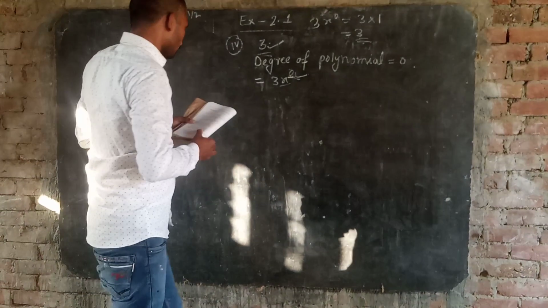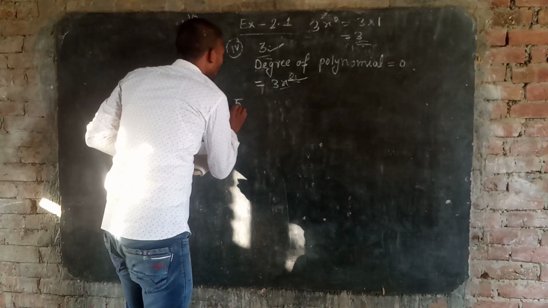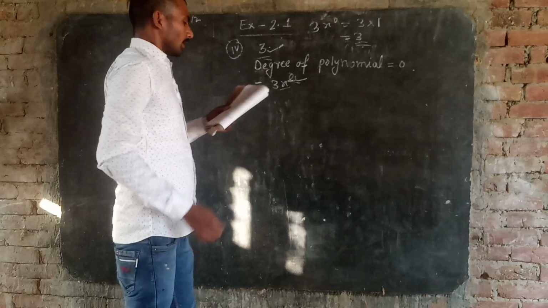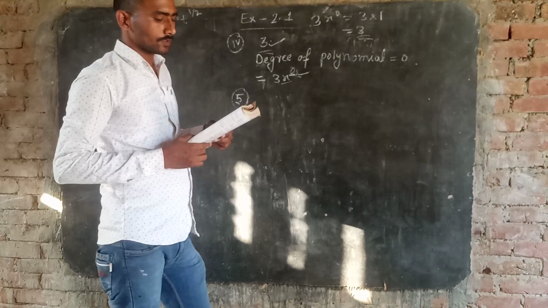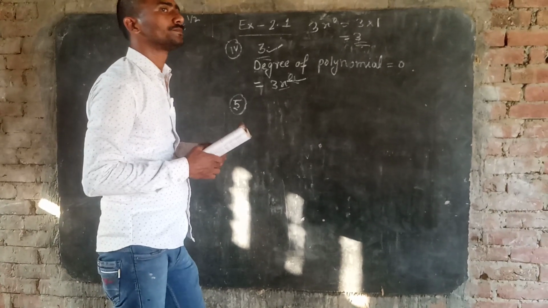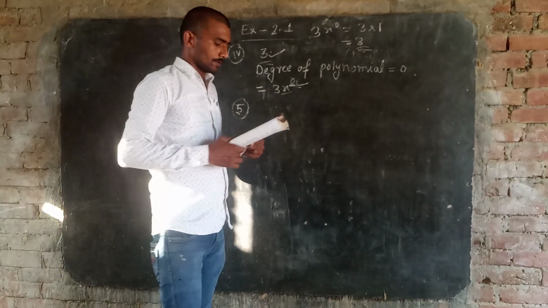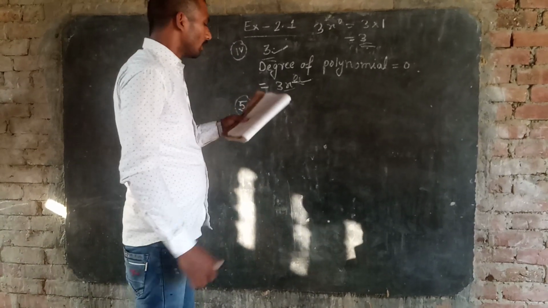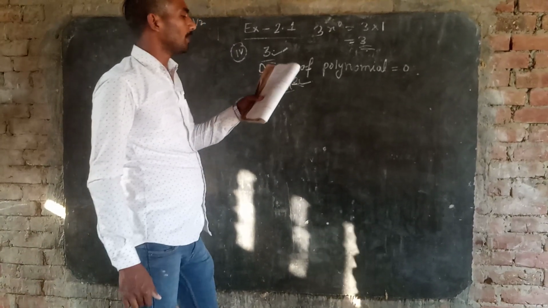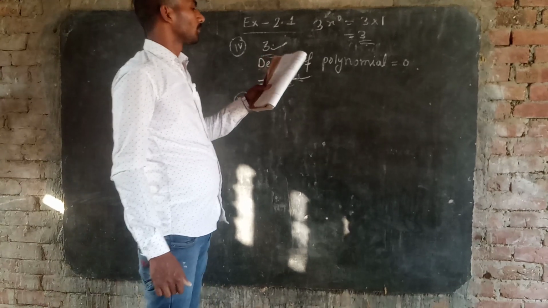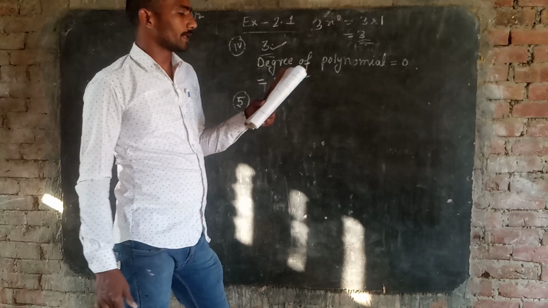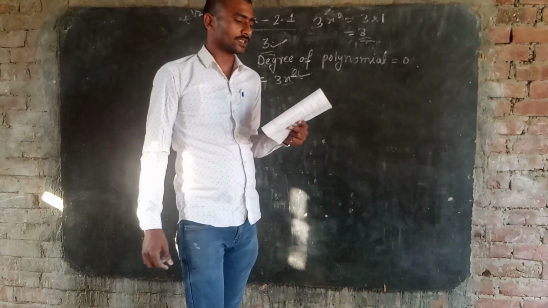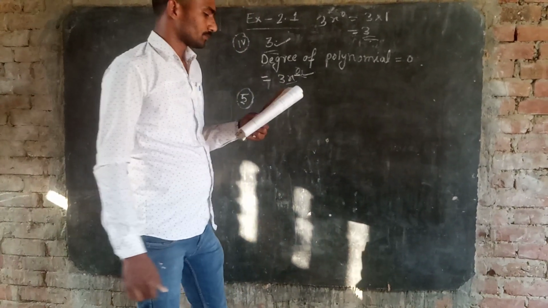Another question. Question number 5. Classify the following as linear, quadratic and cubic polynomials. Friends, in this question we have to identify which is a linear, quadratic or cubic polynomial.